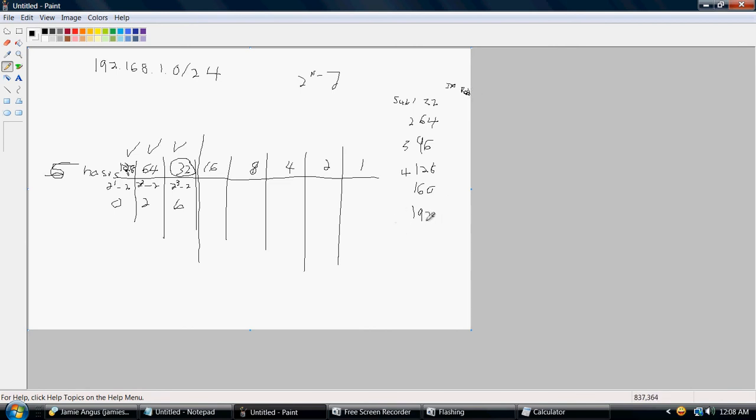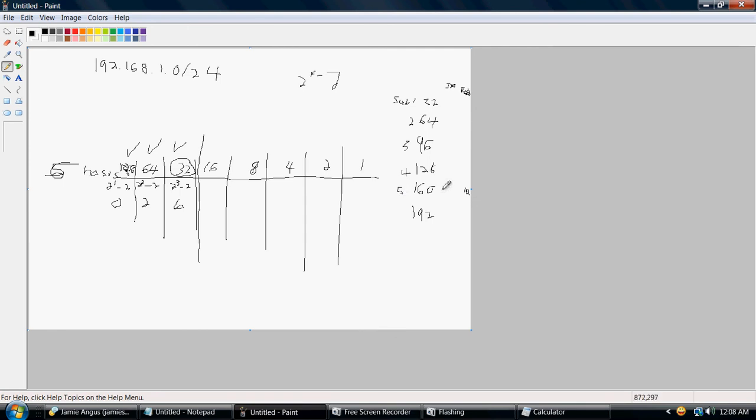So our range for subnet 5 would be 161 to the number before the broadcast ID, which would be 190. And you can do this for all of these.